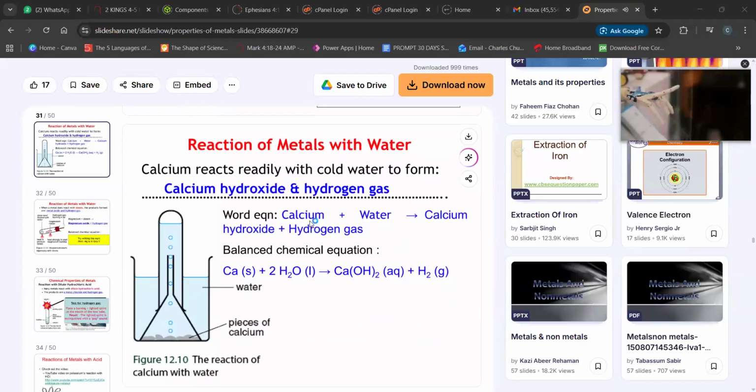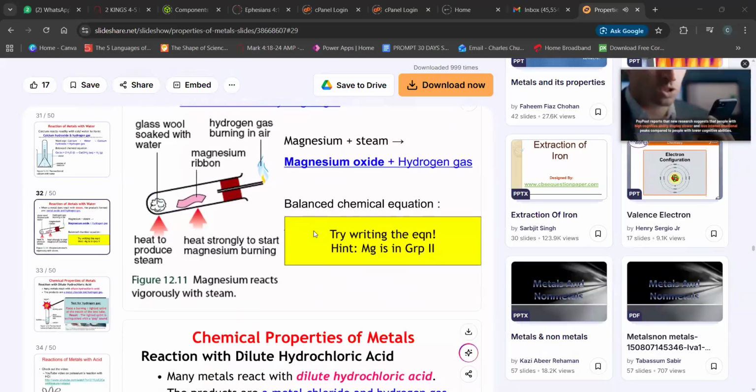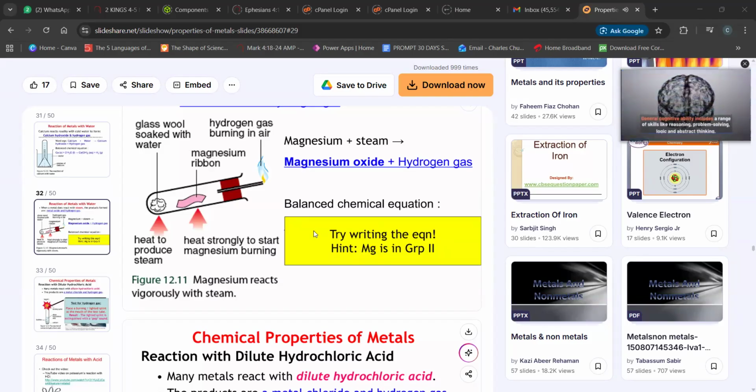Calcium reacts with cold water. So, in other words, the water doesn't need to even be heated. Calcium will react with it. But now look at magnesium, which is in the same group as calcium, but it's lower, on the next row of the periodic table.